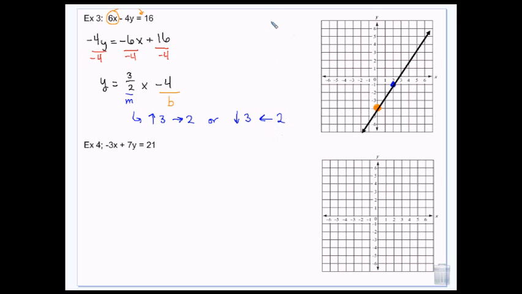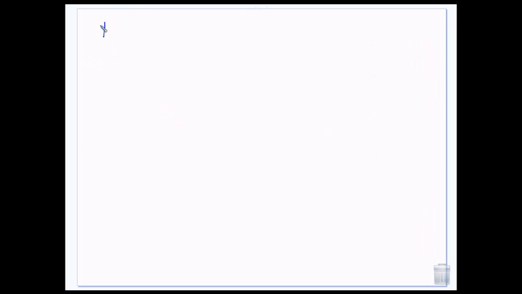So actually, maybe we should talk about that for just a second. I'm going to add another page real quick. If you have a positive slope, you can move up and then right or down and then left.